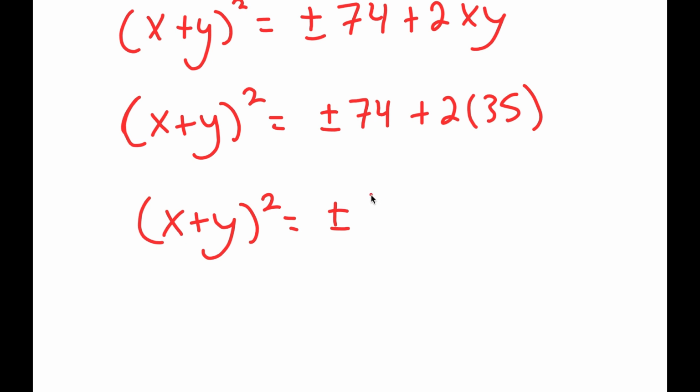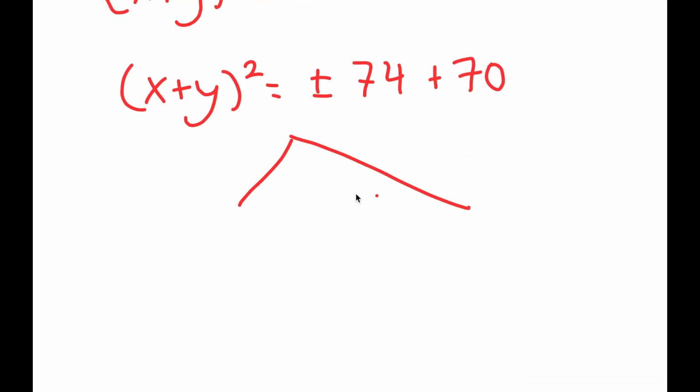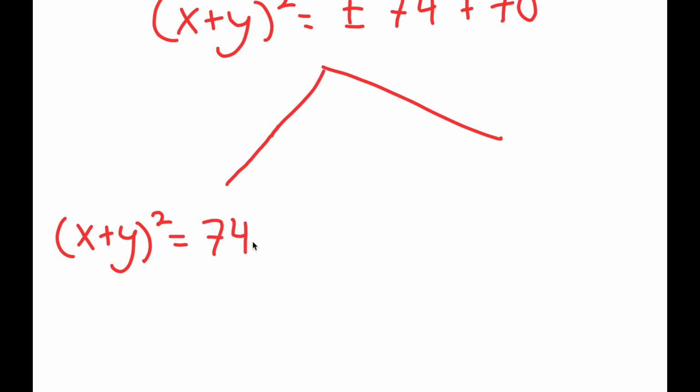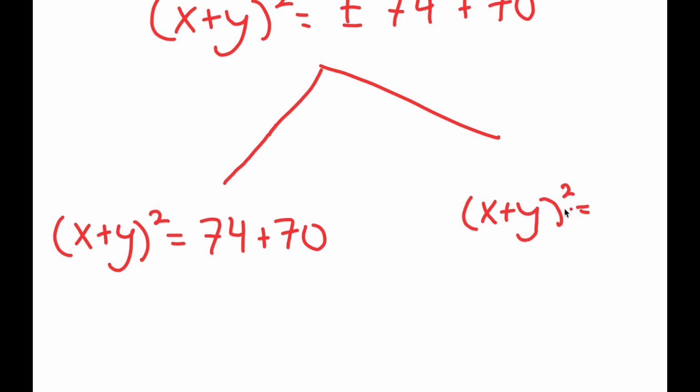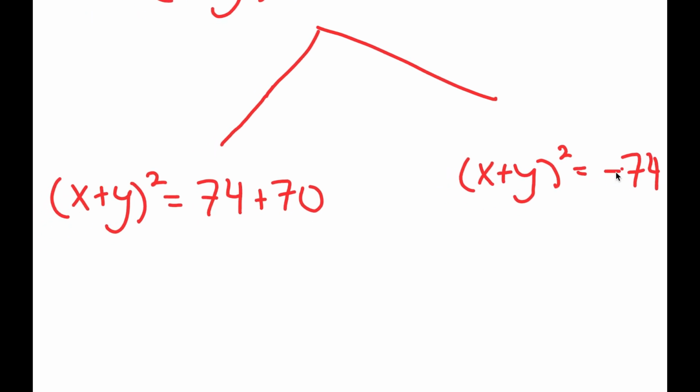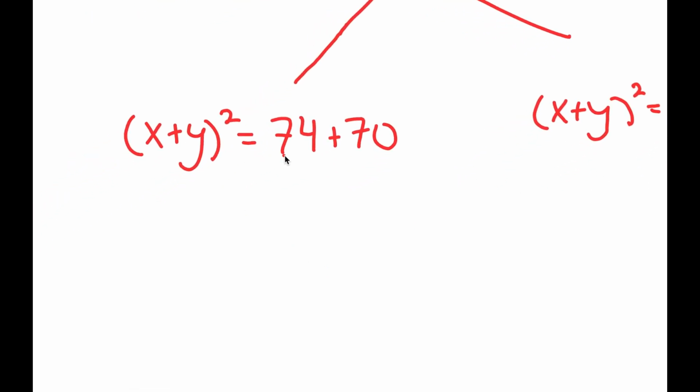So I get x plus y squared is positive or negative 74 plus 70. So now, this gives me two equations. I get x plus y squared is equal to 74 plus 70, and x plus y squared is equal to negative 74 plus 70.